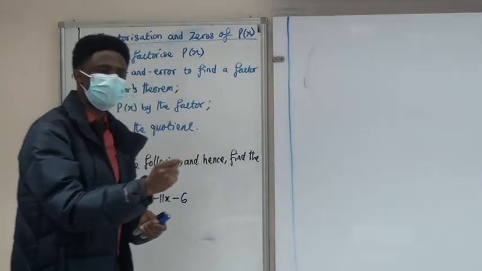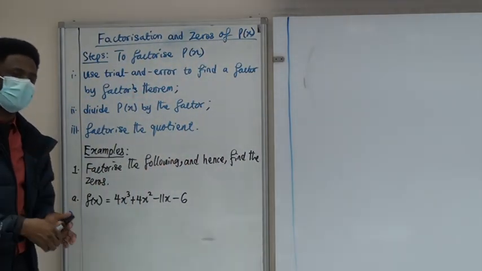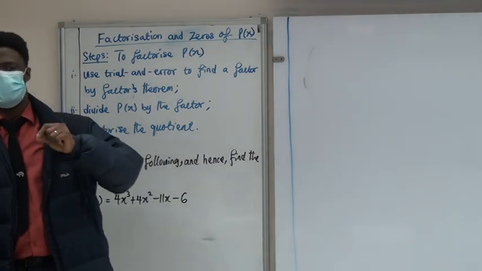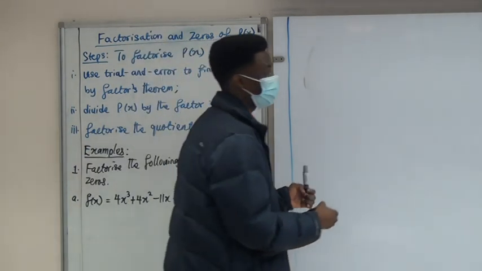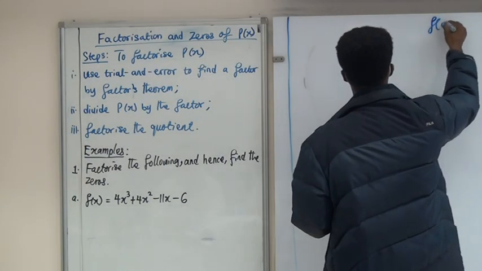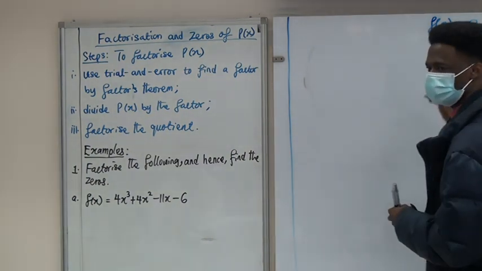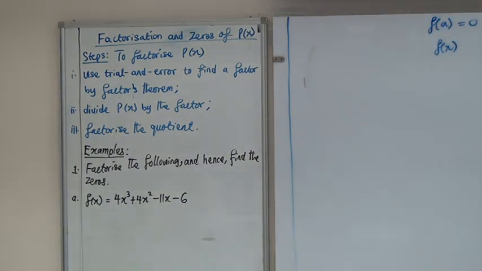But how do you get the first one? By trial and error. What do I mean by trial and error? You substitute 1, minus 1, 2, minus 2. Because whatever you substitute, remember your factors theorem. If f of a gives you 0, then what is the factor of f of x? Factors theorem from last week. X minus a.